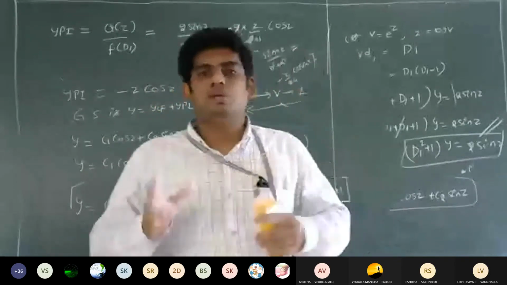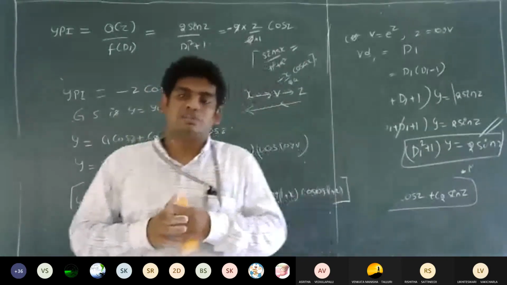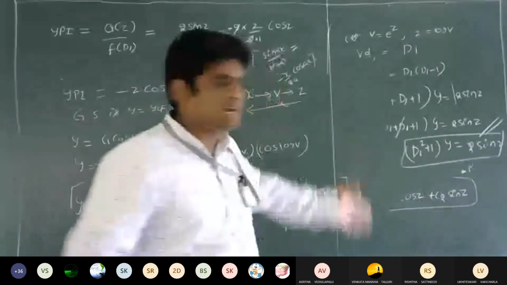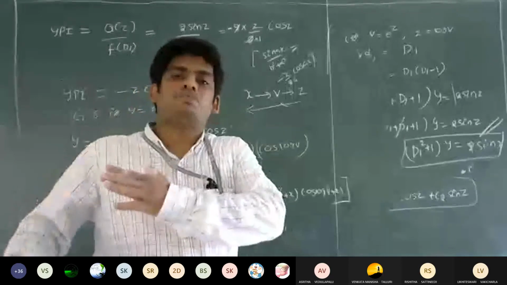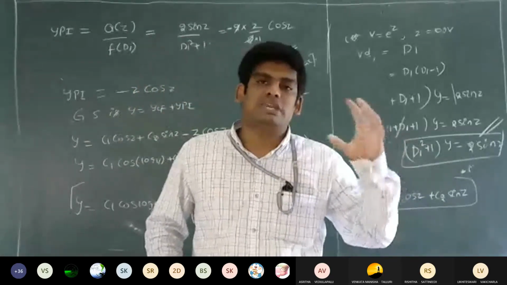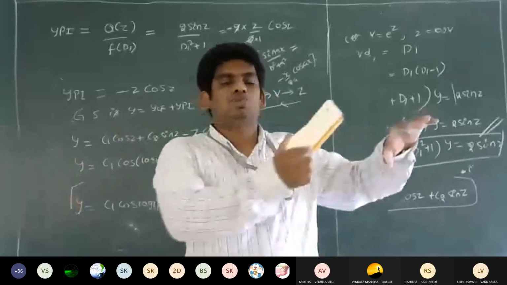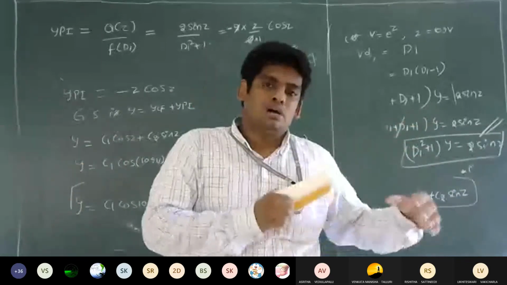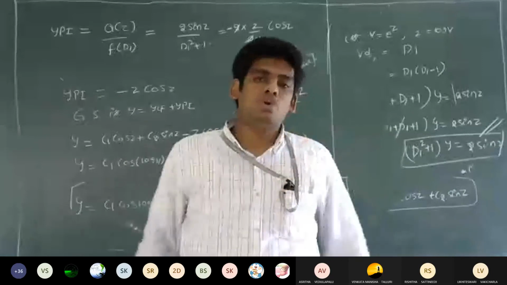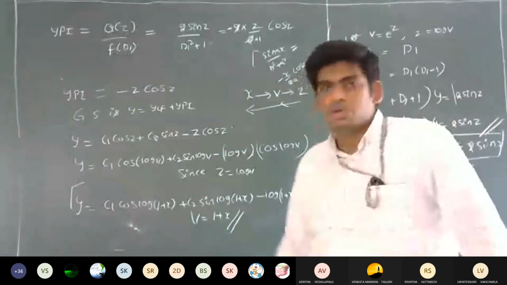So by using the well-known types, we apply them to the linear differential equation. Then automatically we will get the required result in terms of z. But the given differential equation is in terms of x and y, so we have to resubstitute z into v and v into x, right? So this is the Legendre type differential equation solution.